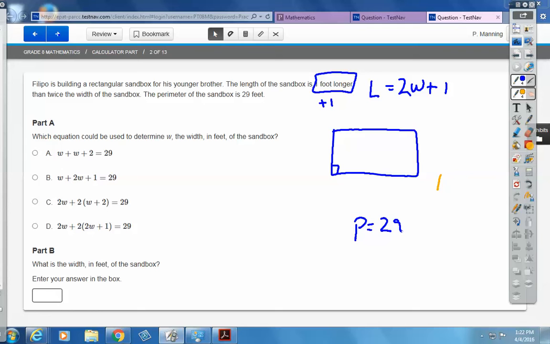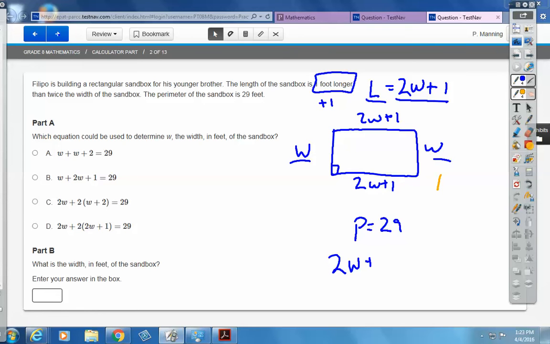Well, let's label these side lengths. If I have my width here and my width here, and my length is this expression, then this distance from here to here is 2w plus 1. So my perimeter of 29 is going to be all 4 of these side lengths added together. I have a w and a w, and w plus w is 2w.